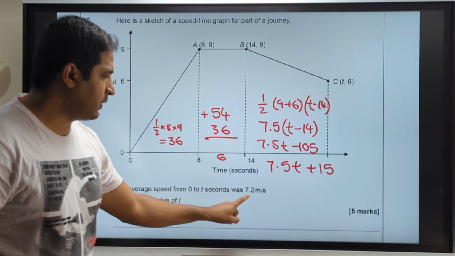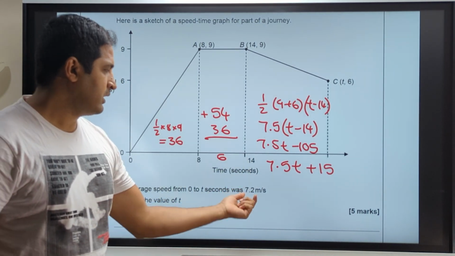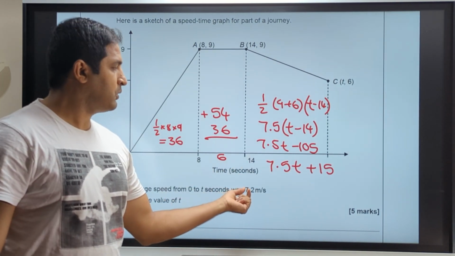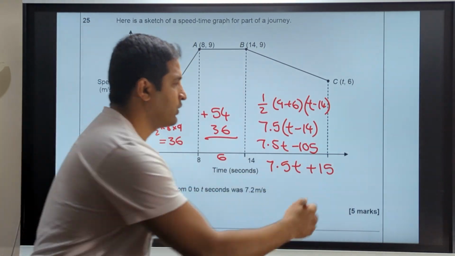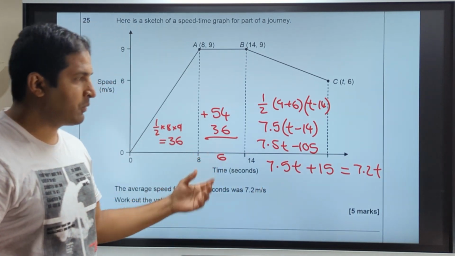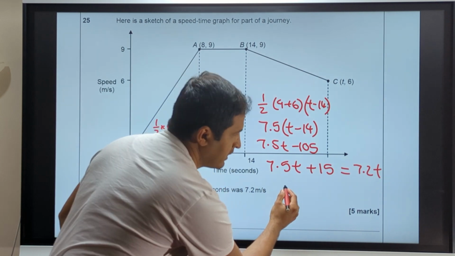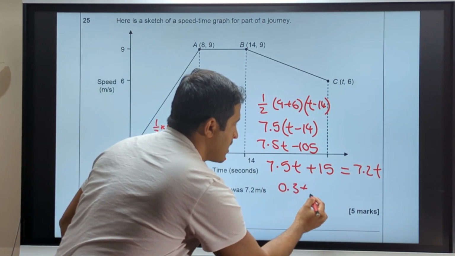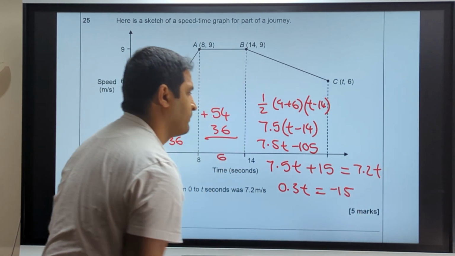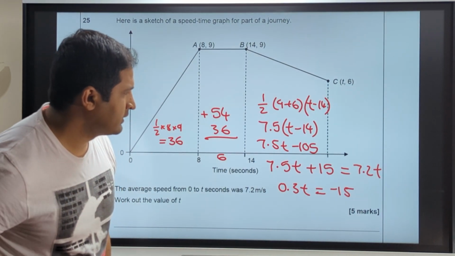Now we know we're traveling at 7.2 meters per second. So this total distance should be 7.2 meters per second multiplied by t, so it should be equal to 7.2 t. If you have t on both sides, we can take away 7.2 t from both sides, and we get 0.3 t equals negative 15.